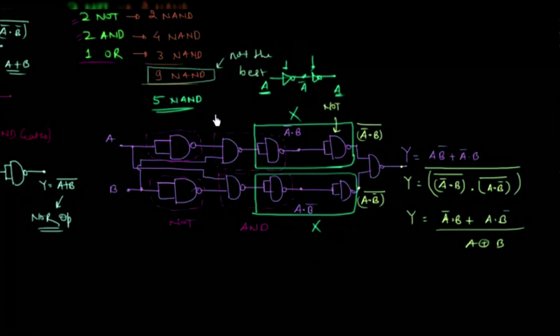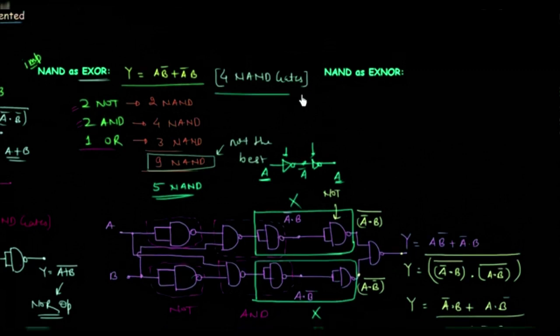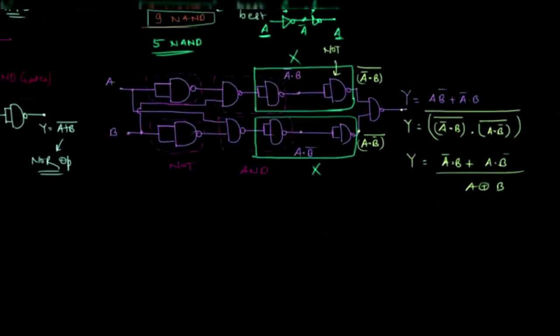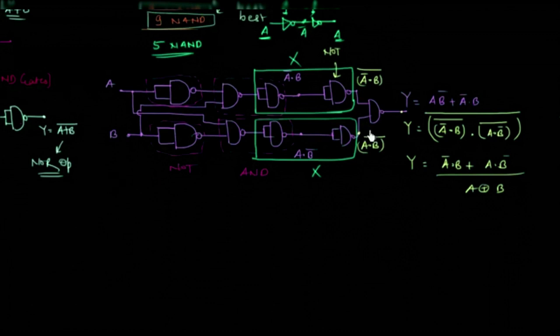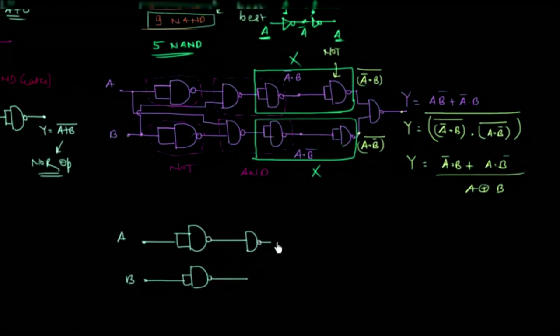But still we have to get rid of 1 NAND gate because it can be implemented by using 4 NAND gates. So let's see what we can do. First I will make this circuit again, and now I won't include these 4 NAND gates. This is A, this is B, and I'm not going to use these 2 NAND gates.